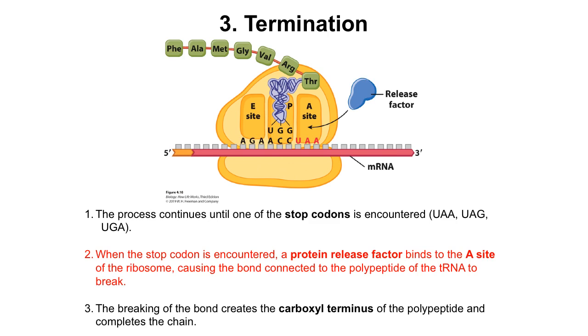So all processes, no matter how good and how elegant, must eventually come to an end. And so this is, of course, true with translation. The elongation process continues until one of the stop codons is encountered. So remember the genetic code that we discussed in the first video.